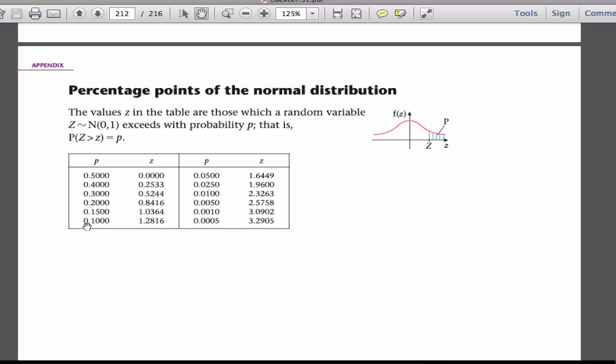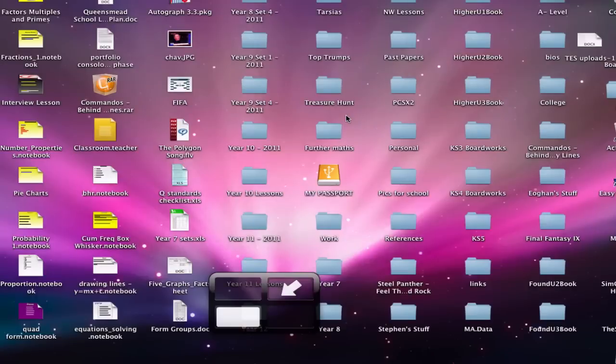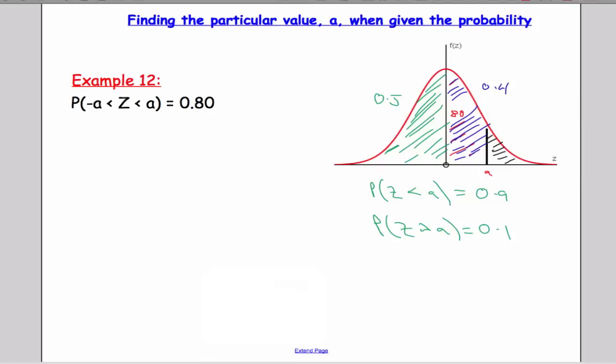I do. 0.1 here, which is 1.2816. So a must be equal to 1.2816. And that's it for now.